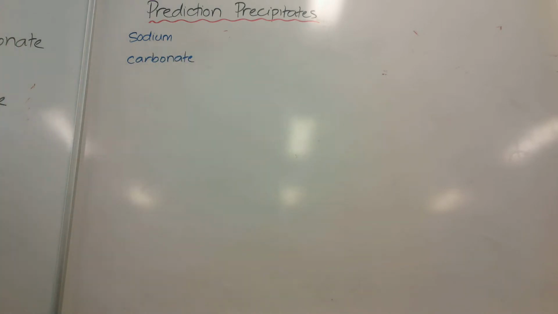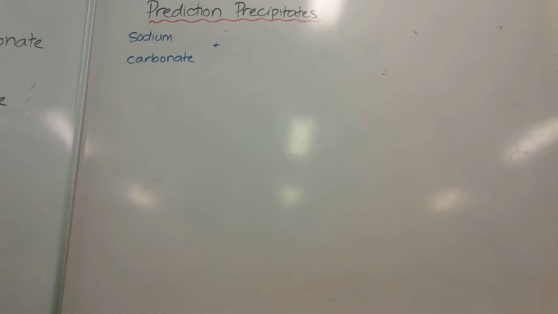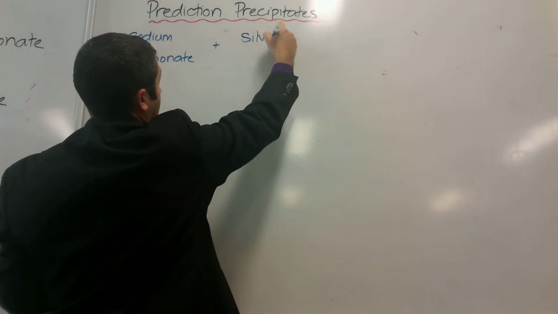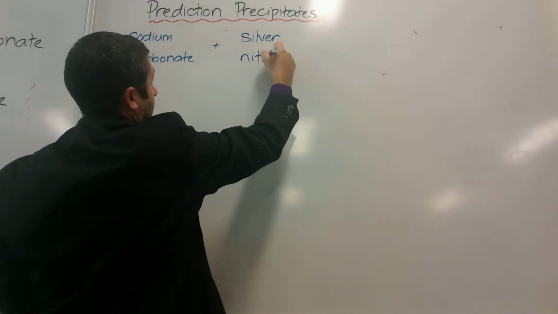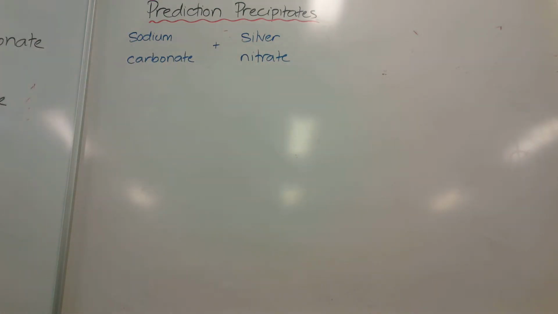In your assessment you're allowed to write them like this, because it might make it easier for you. When we do the experiment, we're going to add it to silver nitrate, and notice I put the first name at the top and the second name at the bottom. We're going to predict what it makes, and then predict if it's a precipitate or not.